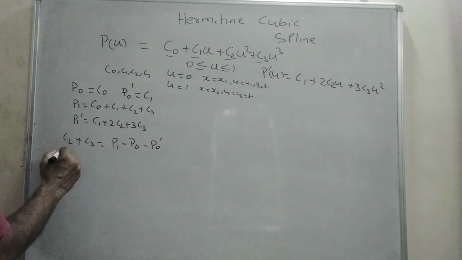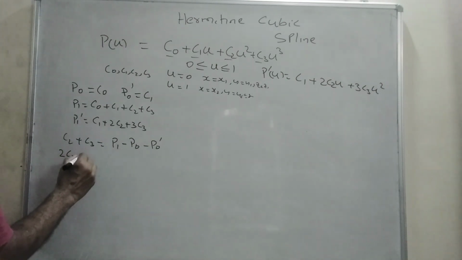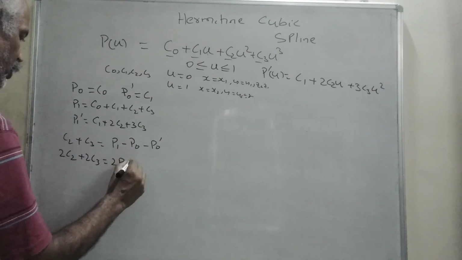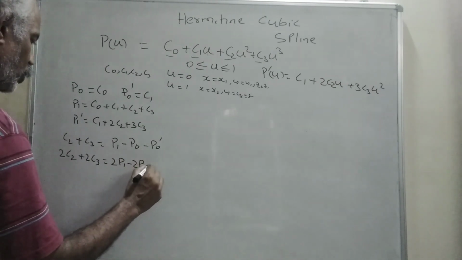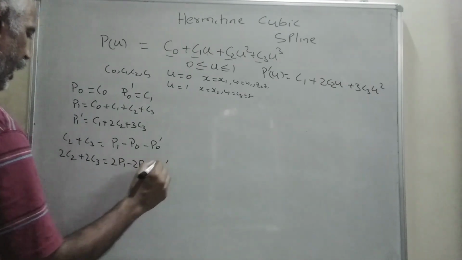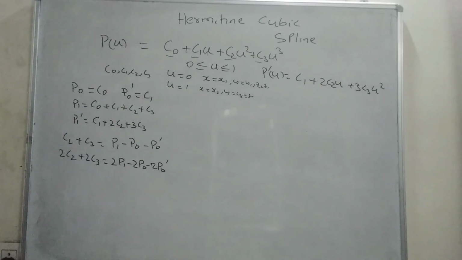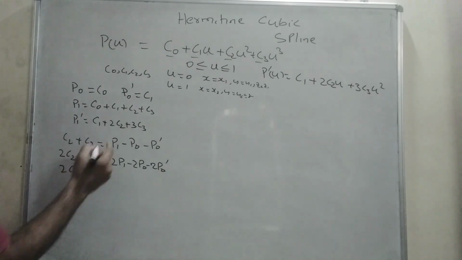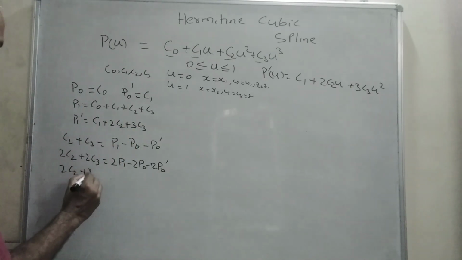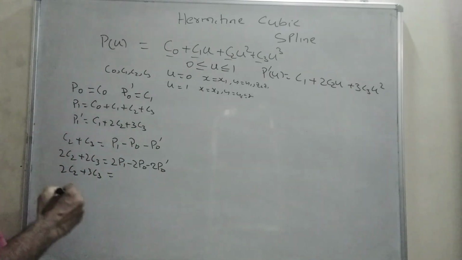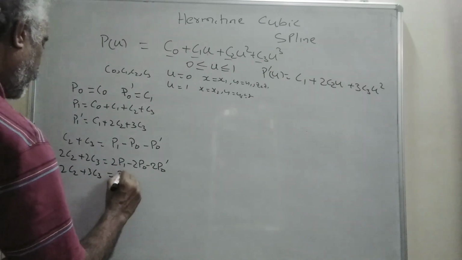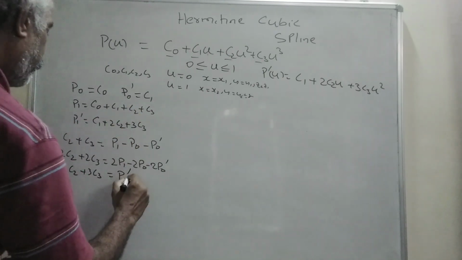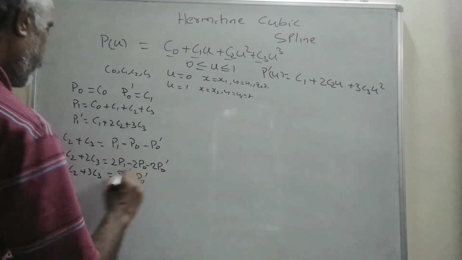Here, 2C2 plus 2C3 is equal to 2P1 minus 2P0 minus 2P0 dash. Now 2C2 from this equation plus 3C3 is equal to P1 dash minus C1, which is P0 dash, so P1 dash minus P0 dash.